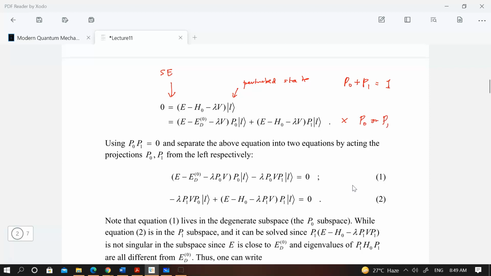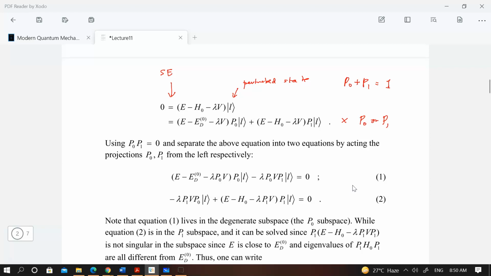When you do that, you get two different equations, because this equation is broken down into two subspaces: one is the degenerate subspace, and the other is the one orthogonal to it.